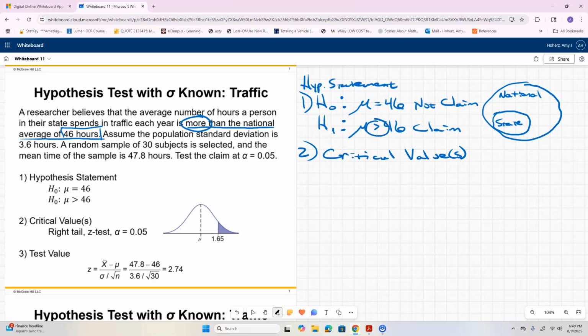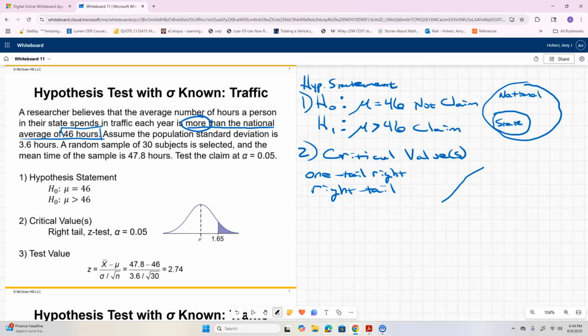Remember, whether it's left tail, right tail, or two tail is based on whether we did less than, greater than, or not equals. So in this case, because we have a greater than, this is a one tail right, or just right tail test. We only are concerned about greater than.